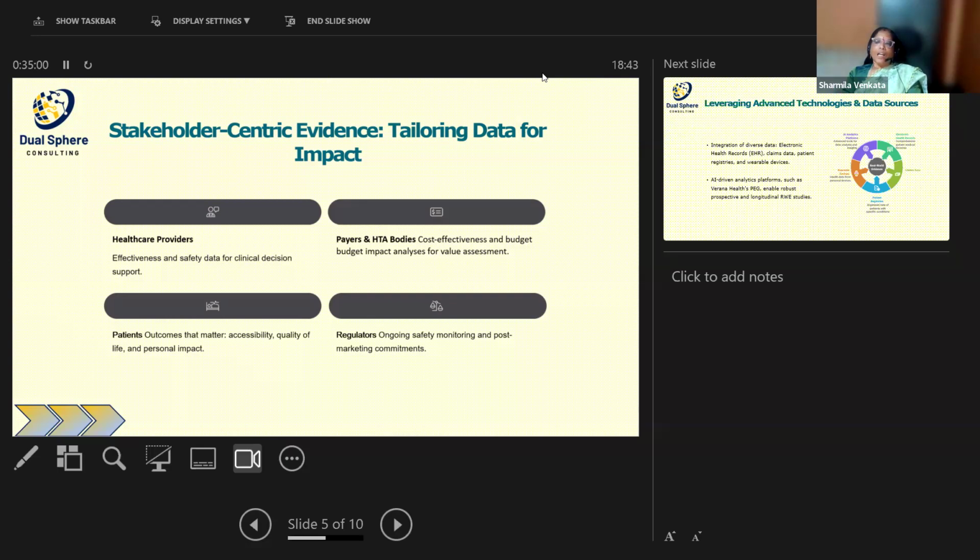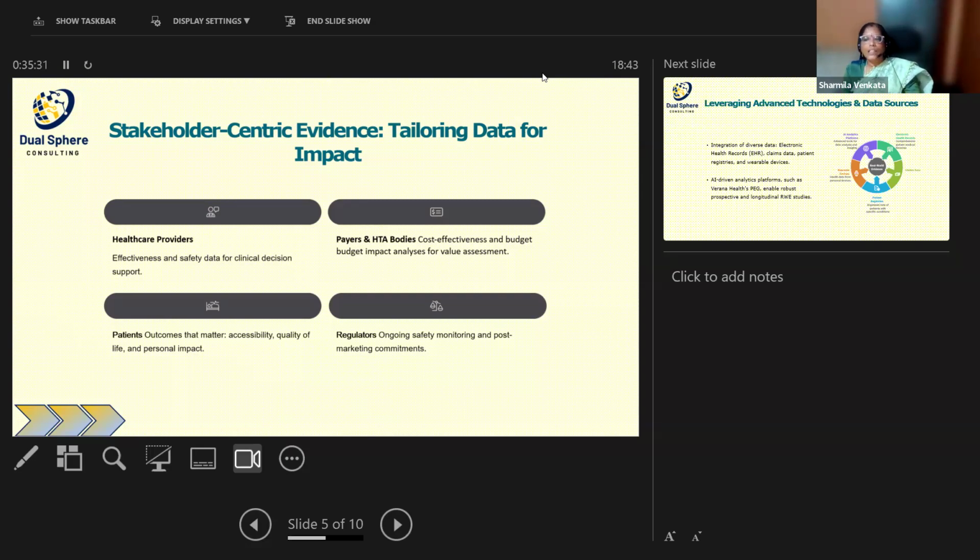Okay, bringing it together with examples for a cancer patient. I'm taking all the four and telling you, for a cancer drug, providers might focus on survival rates, payers might focus on cost per value, patients might focus on side effects and treatment convenience, and regulators might focus on rare adverse events.